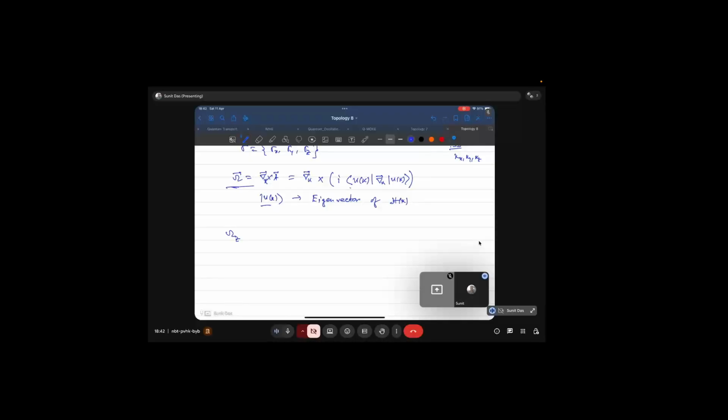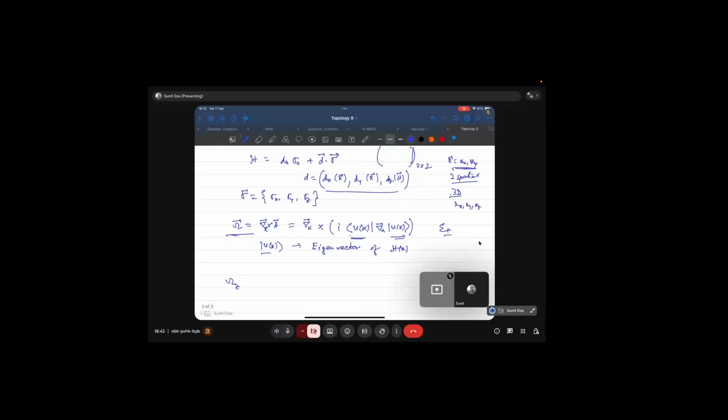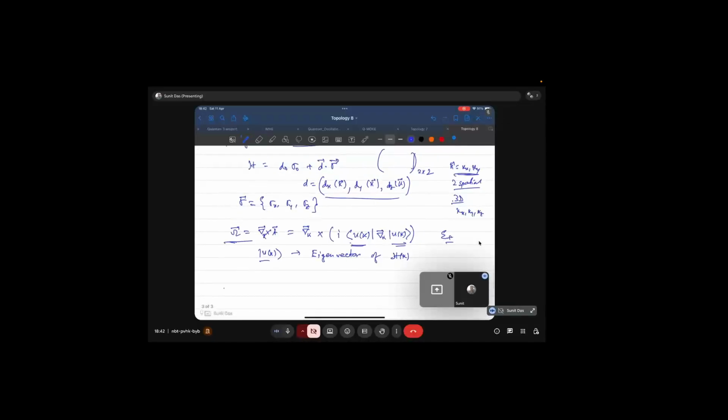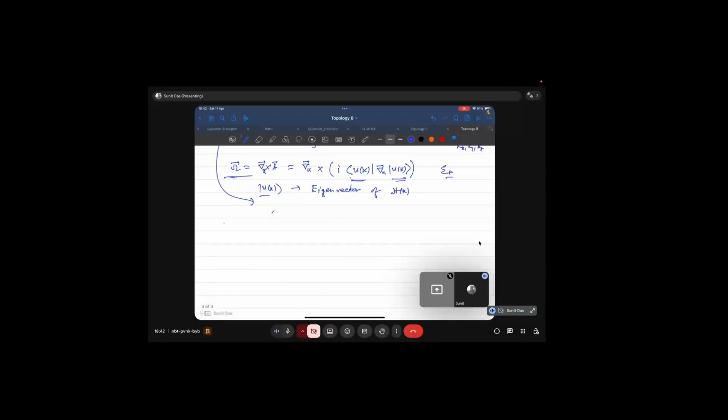You take u plus here, and you can also take u minus, corresponding to energy plus and minus. So let me write down first the energy for this kind of Hamiltonian: the energy of plus minus is d0 plus minus root over dx square plus dy square plus dz square.